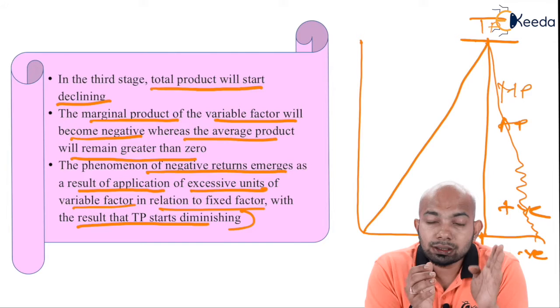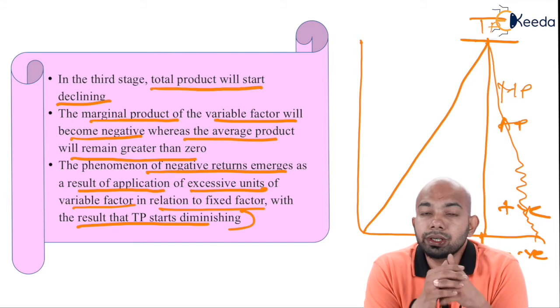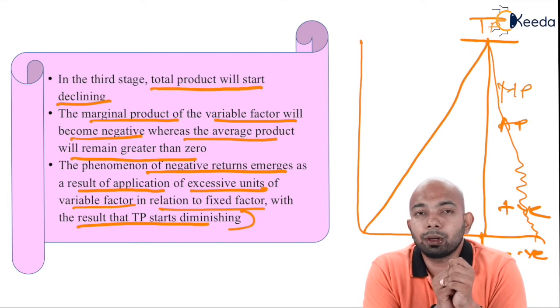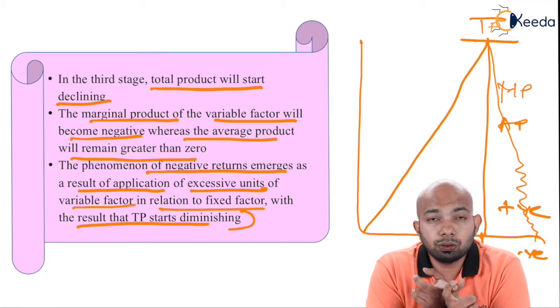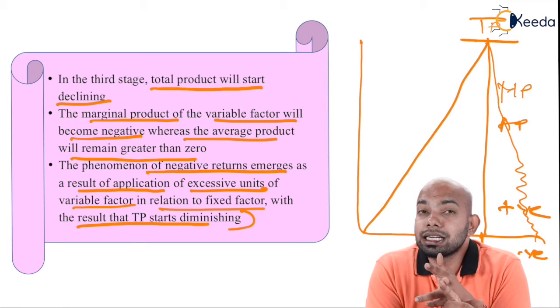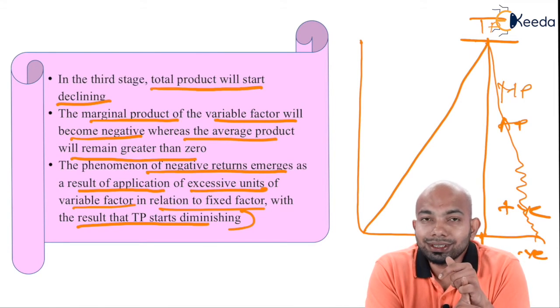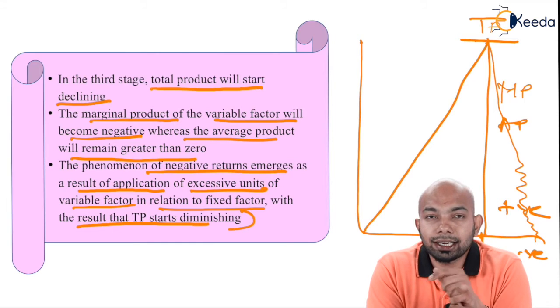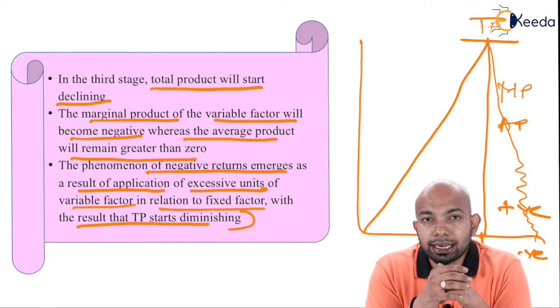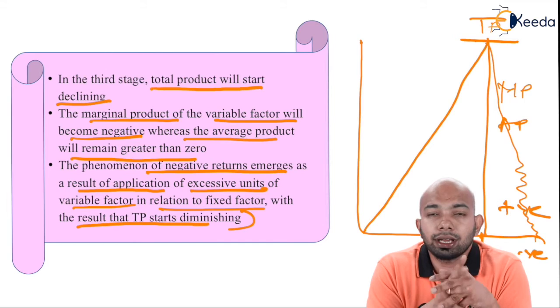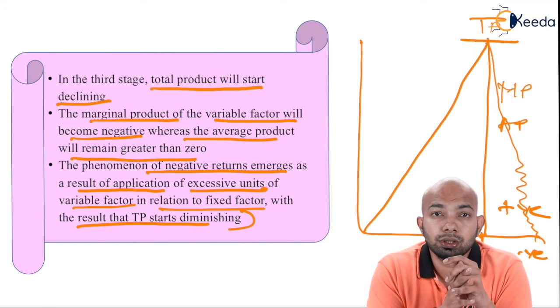Hence, you will soon realize that the total productivity of that product will keep on declining, because marginal productivity is already negative and average productivity is reaching its zero limit. Because both of these are going down, one into negative and one on the verge of getting negative, total productivity will start diminishing, and that's when the law of diminishing return comes into the picture.